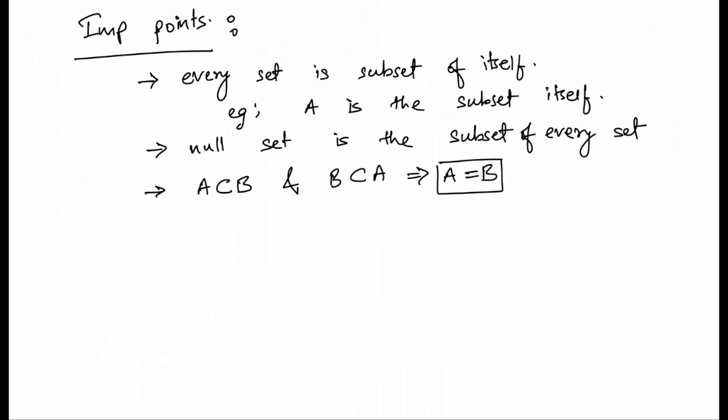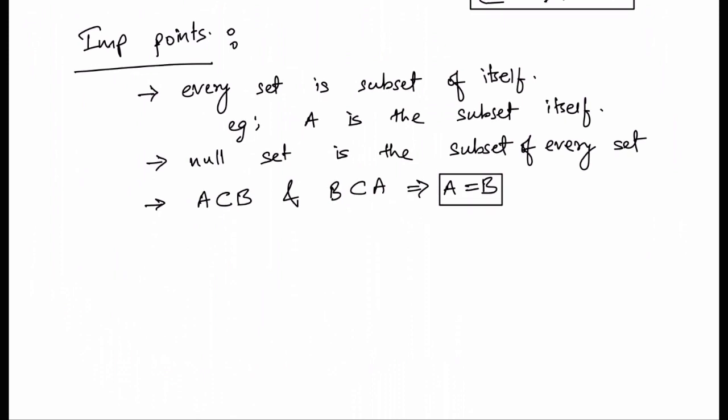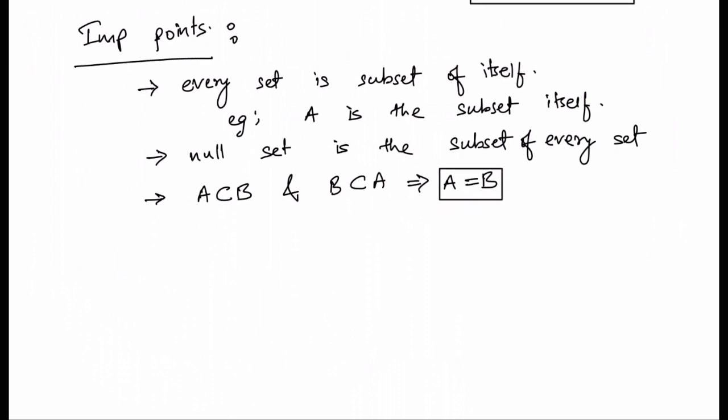Okay? Every element of A is in B and every element of B is in A. That is the meaning of subset. Now in that case, we can say A is equal to B. So these are important points to consider in subset.